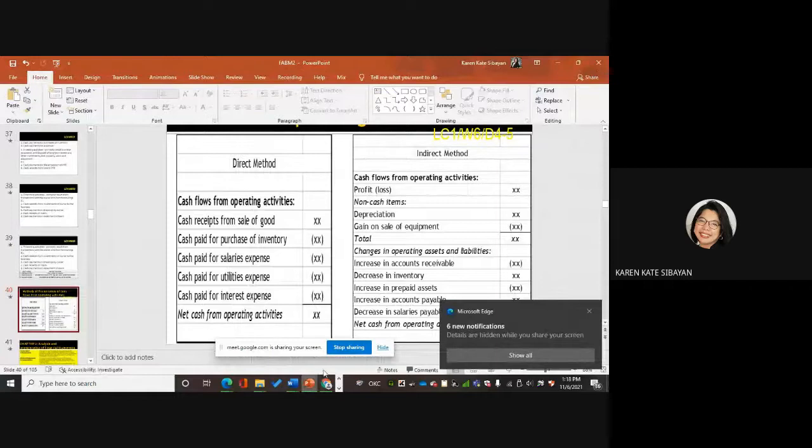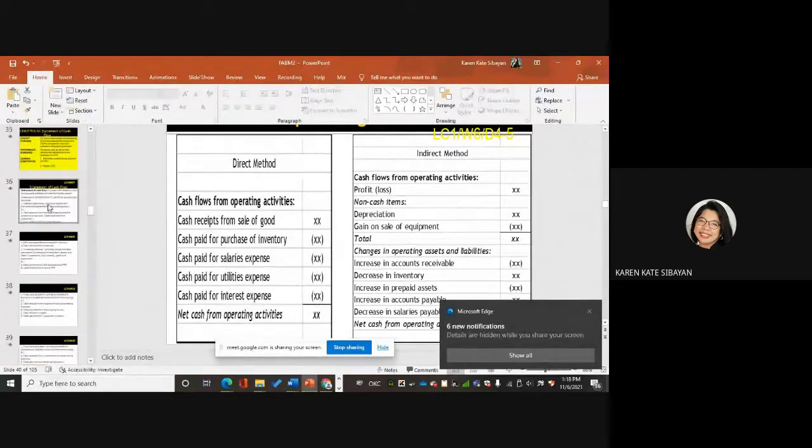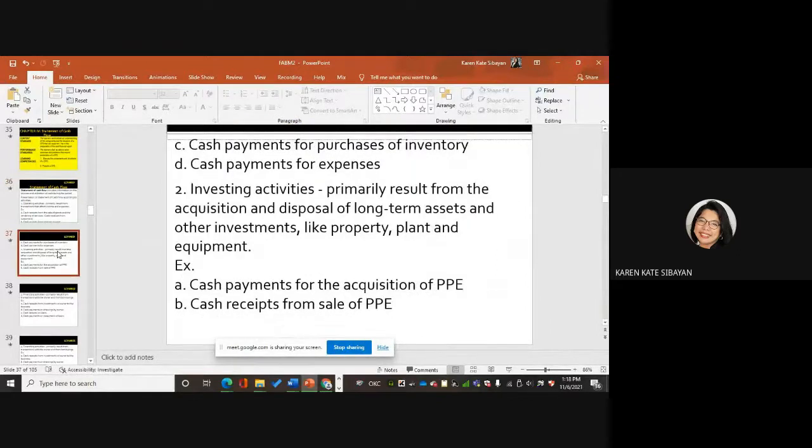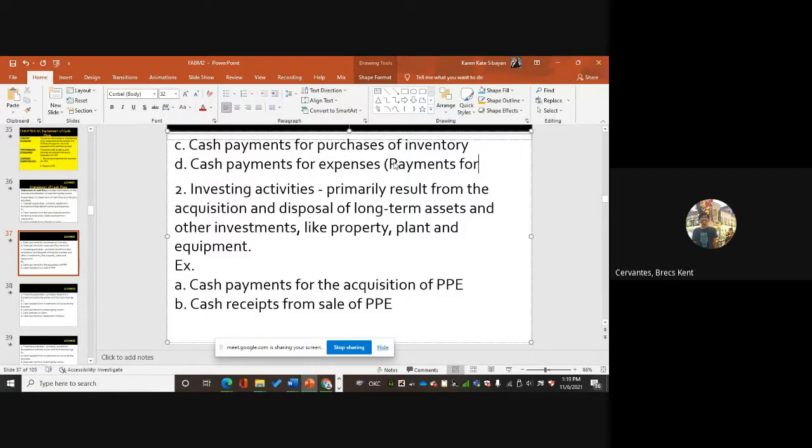Meaning to say, pinag-combine niya class itong letter C and D. So, paano natin ilalagay sa cash flow statement yan? So, ang ilalagay na lang natin is payments for expenses.